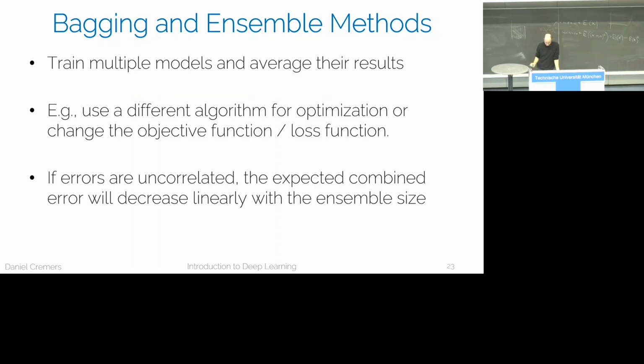And what's good is if the errors of these models are uncorrelated, then you can expect that this averaging will improve the results. And so the overall error of this combined ensemble will be lower. That's nice. That's why you want to consult multiple people, assuming that they're independent or uncorrelated.